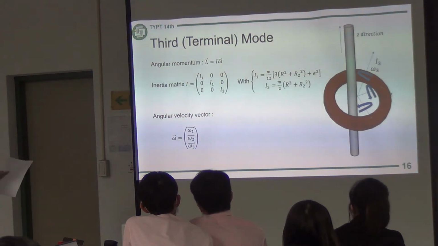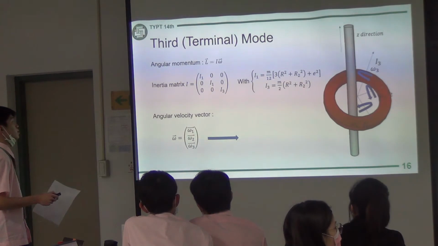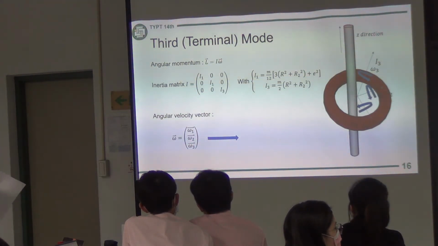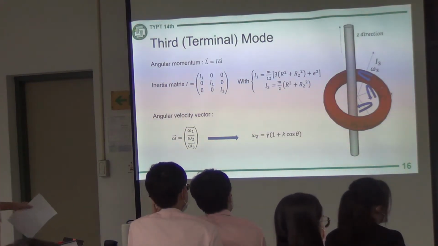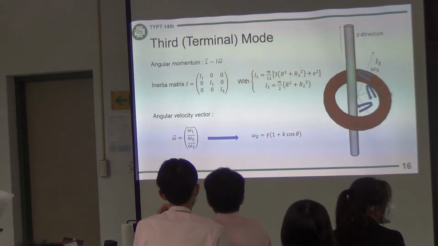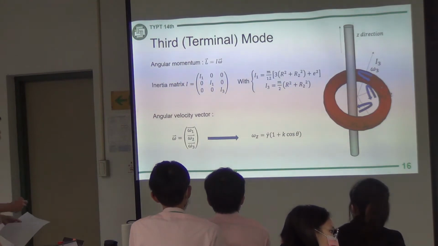So the angular velocity vector looks like this, and 1, 2, 3 stand for the different axes. So we can get the z component of the angular velocity from the previous calculation and also by analyzing the angular momentum like this.